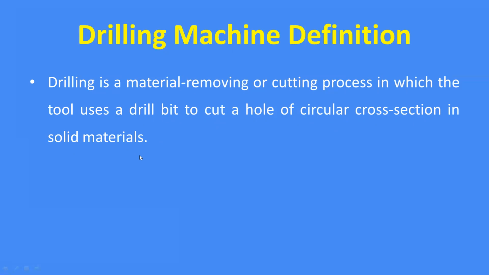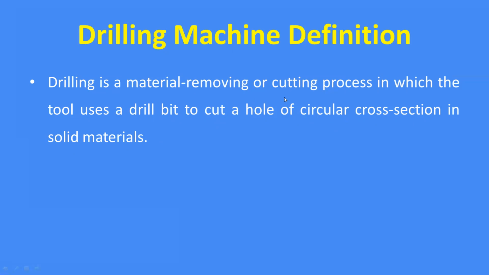Okay, by now everyone who is listening to this lecture will have come across the basic definition of drilling. I'm repeating once again: first we should remember what, how, and where. What is the process?